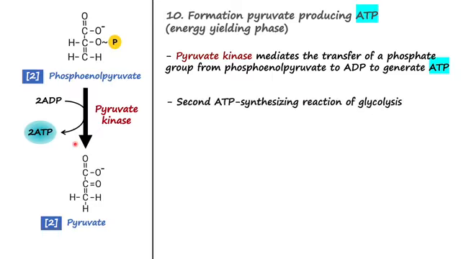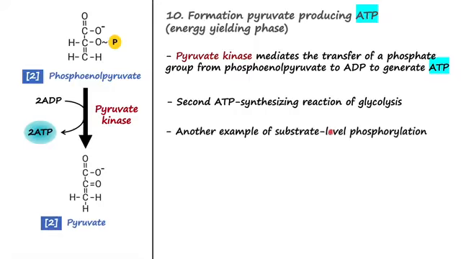And this is the second ATP synthesizing reaction of glycolysis, another example of substrate level phosphorylation, and third irreversible reaction of glycolysis. And again, this is also a very heavily regulated enzyme in glycolysis pathway.